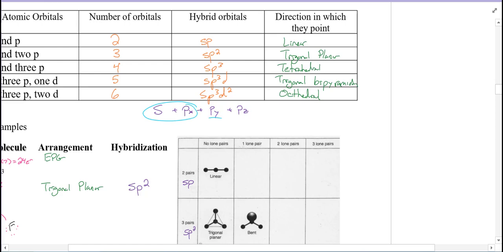That means the py and the pz are still there, unhybridized. If I need 3 orbitals, that means the pz is still unhybridized. If I need all 4, then there are no orbitals left. However, if we have fewer than 4 orbitals on these nonmetal atoms, there will be availability to use the unhybridized orbital in bonding. That's very important.